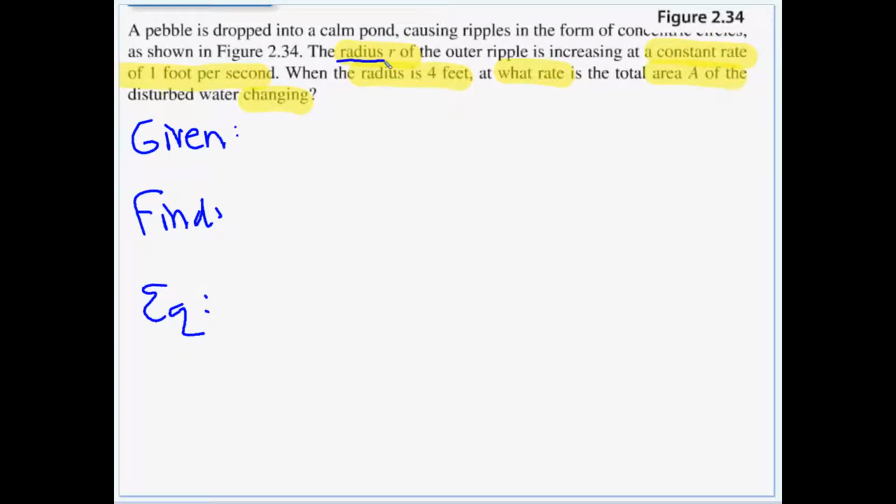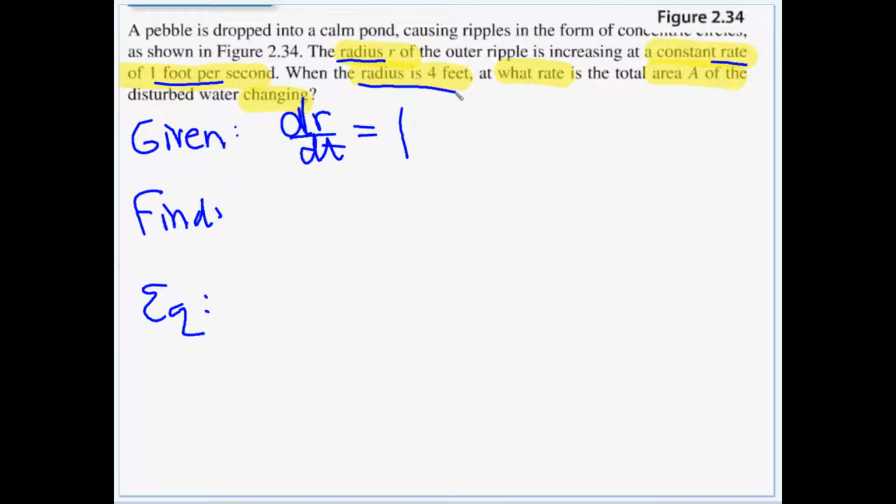So the radius is changing at a rate of 1 foot per second. Radius, rate, 1 foot per second. So our given will be dr/dt. The rate of change of the radius, dr/dt, is equal to 1 foot per second.